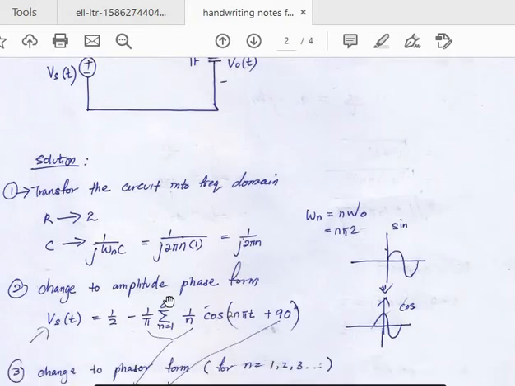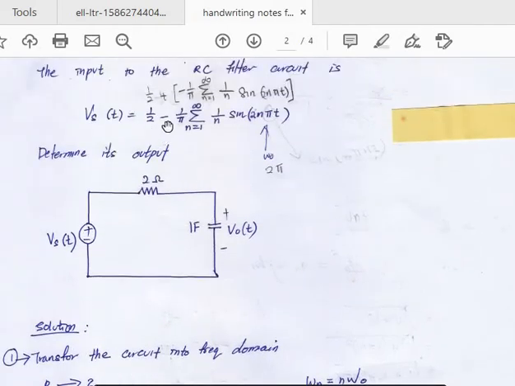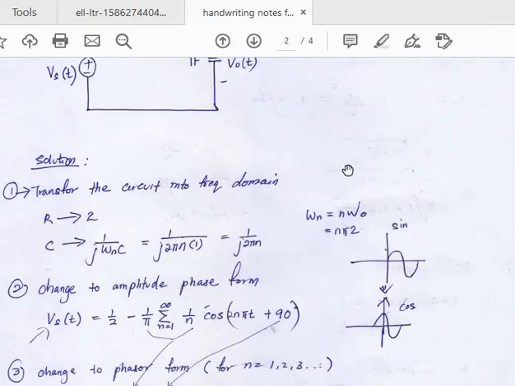Then you change into an amplitude-phase form. Vs is equal to a half. From the sine you change to a cos. How do you change sine to cos? You change the phase.